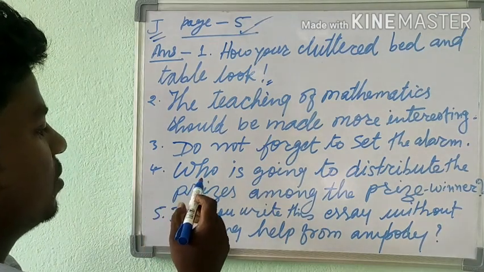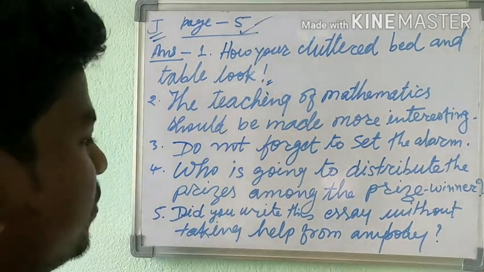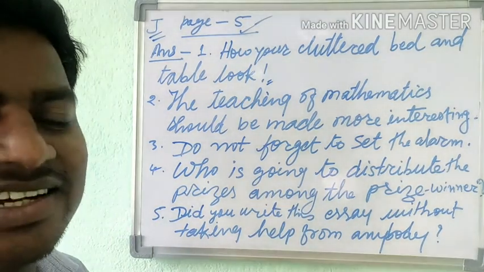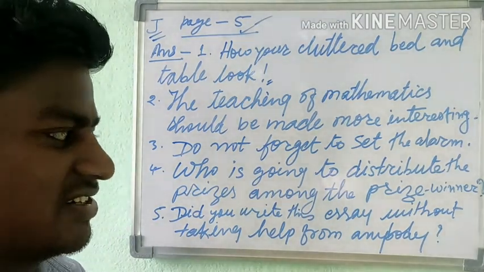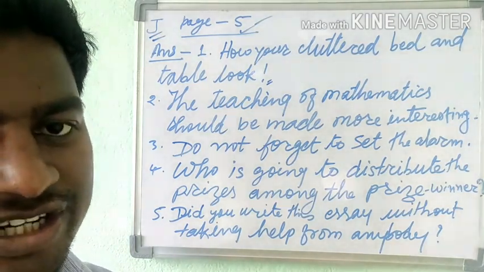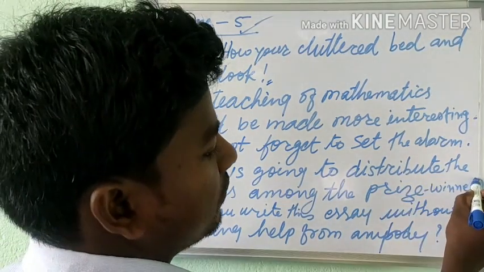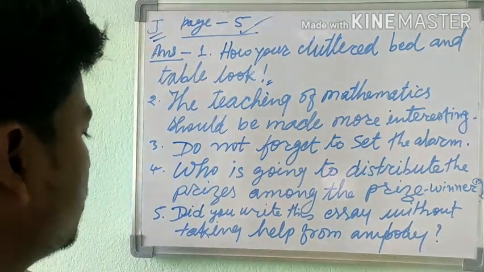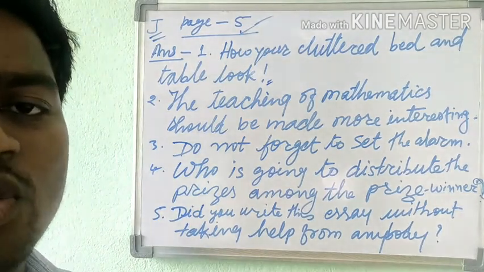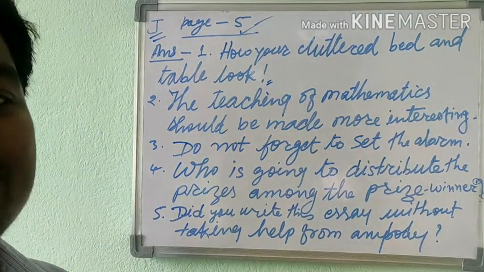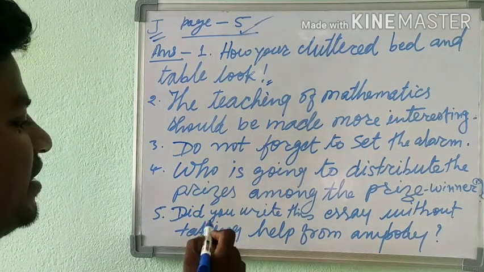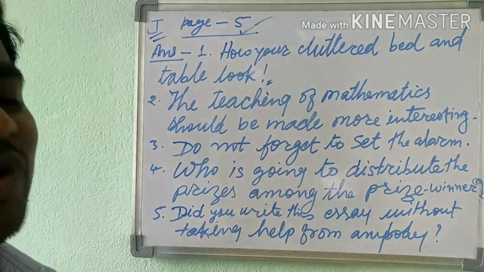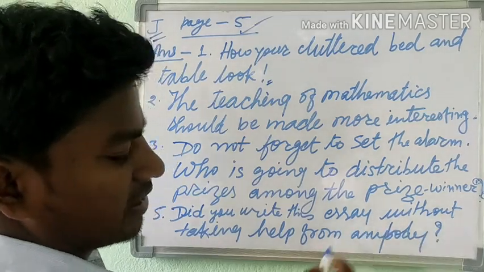Fourth answer is, who is going to distribute the prizes among the prize winners? This is an interrogative sentence. We have to make questions, and here at the end of the sentence we have the question mark. Clear? Now number 5, again we have to make into the interrogative sentence, and that is, did you write this essay without taking help from anybody? So again there is a question mark. Clear?